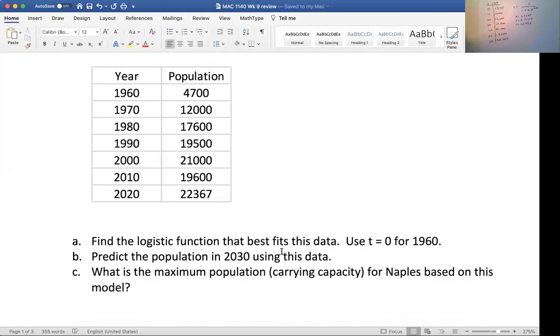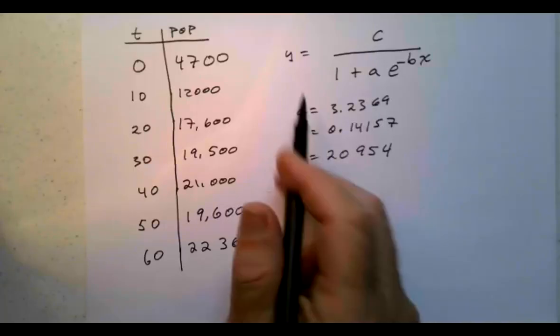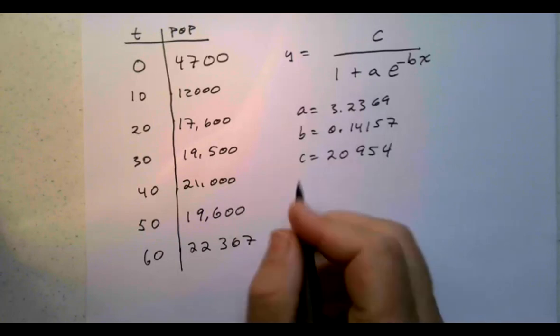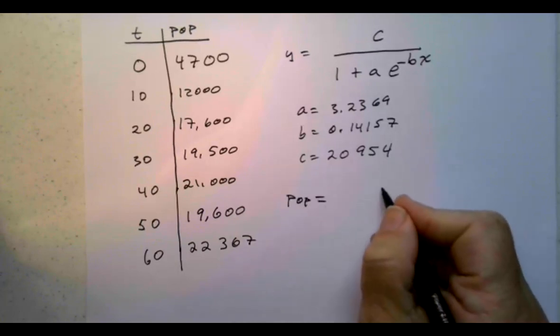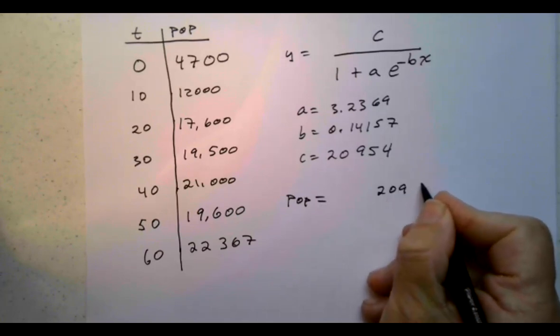Well, we want to find the logistic equation, which we have here. So let me go ahead and plug those numbers in so we can see the logistic equation and then predict it for 2030. So here's my logistic equation. Y is population, I'll call it pop, is C, 20,954.